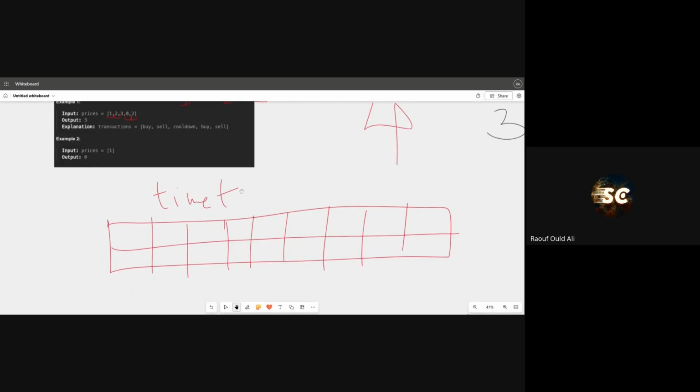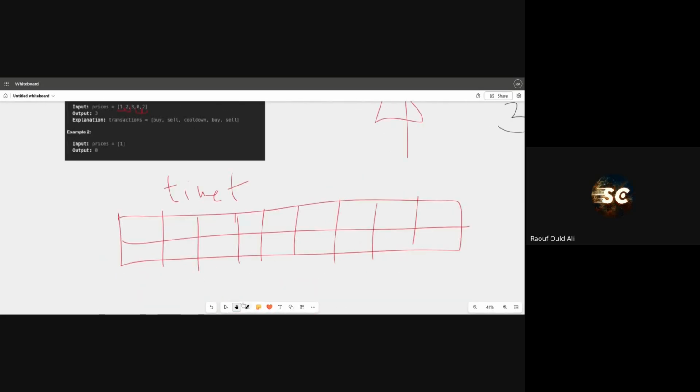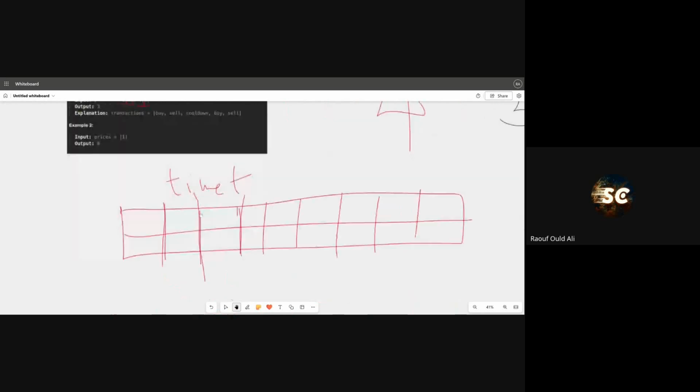So, here we have the time t, which is obvious. We want to know what is the maximum after day 1, day 2, day 3 until day n.